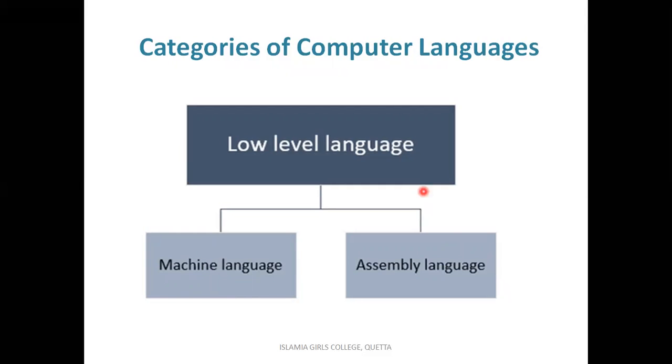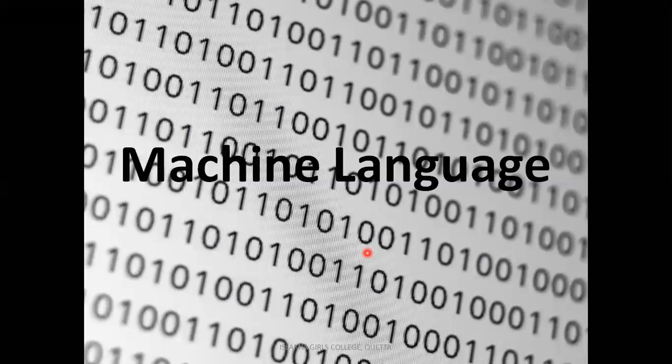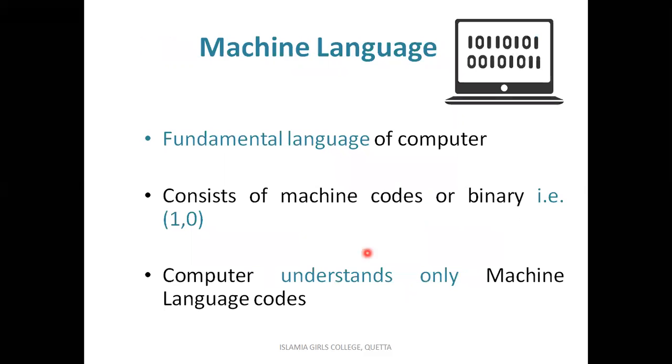However, the low-level languages are machine dependent, both the machine language and the assembly language. So there are two types of the low-level language, and we will start with the machine language. The machine language is the fundamental language of computer.